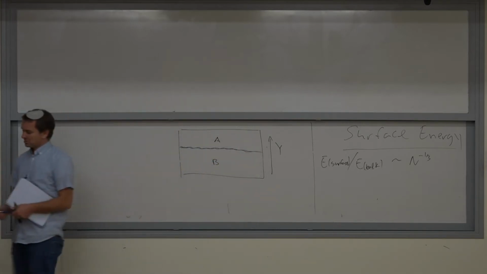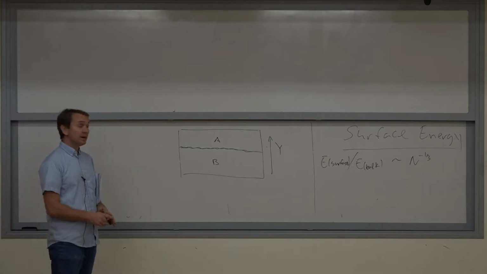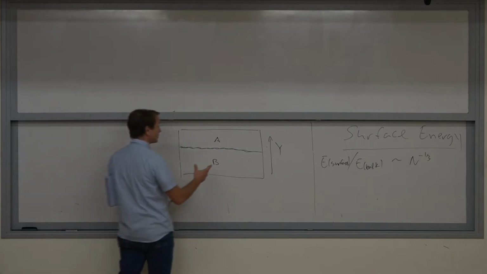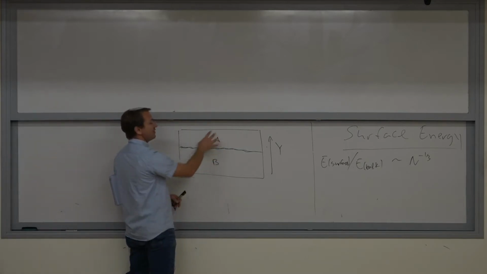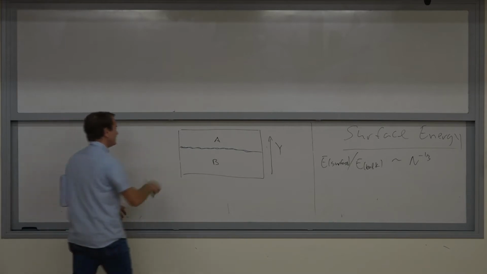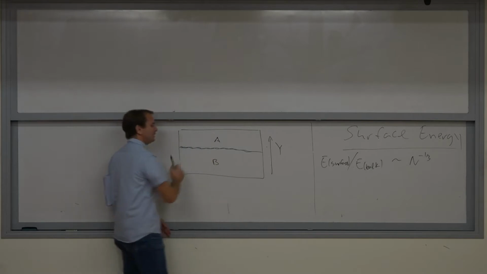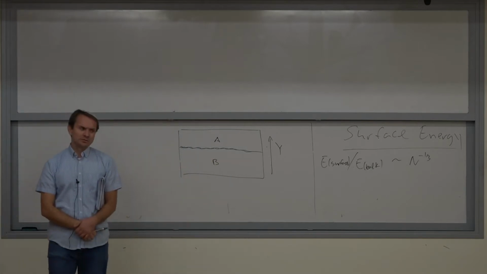This is the surface between the water and the oil. I can also have separation between the water and the air, or oil and air, etc. But I will always have some separation line between the two systems.